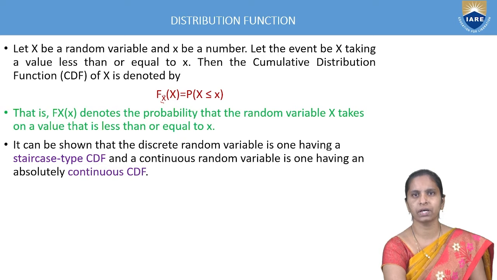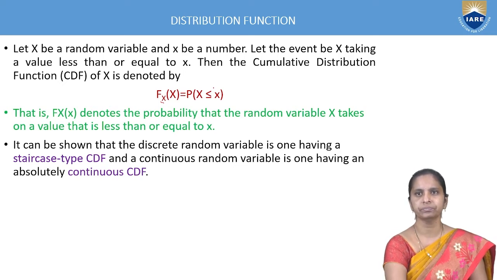So, the distribution function of the random variable X is denoted by capital F suffix X of x, equals the probability of the event. What is the event here? X is less than or equal to x. So, that is the definition of the probability distribution function.